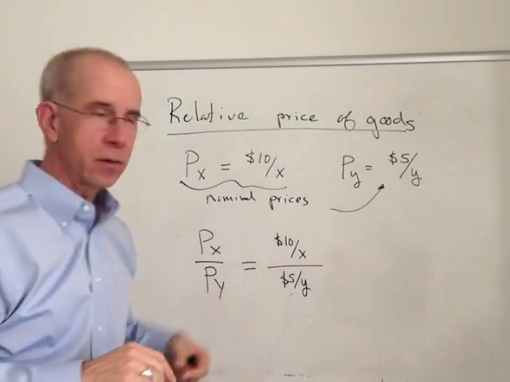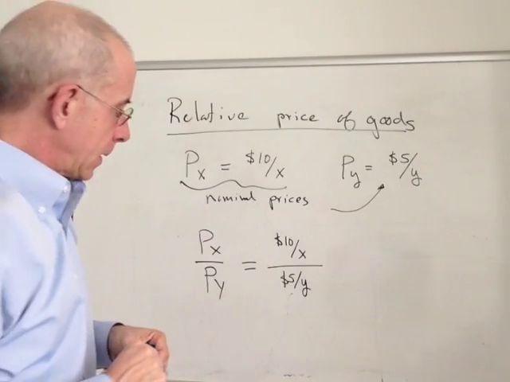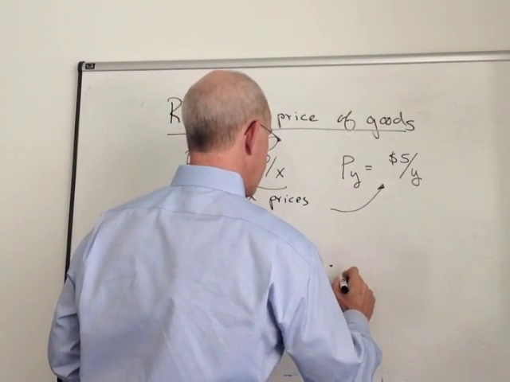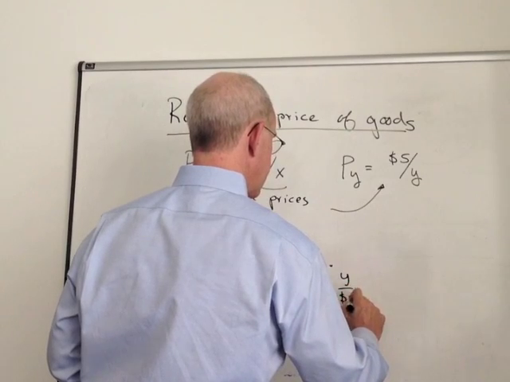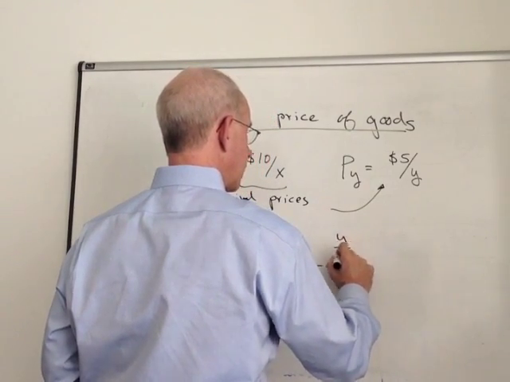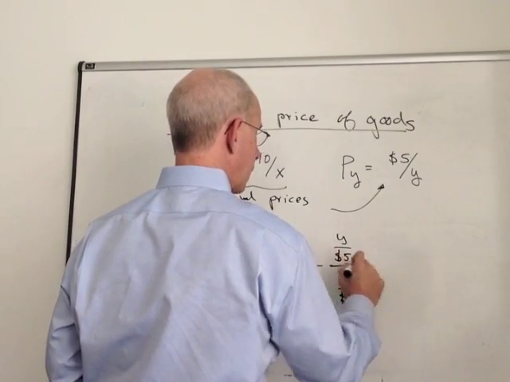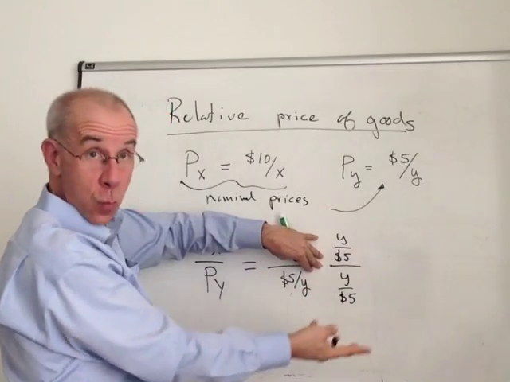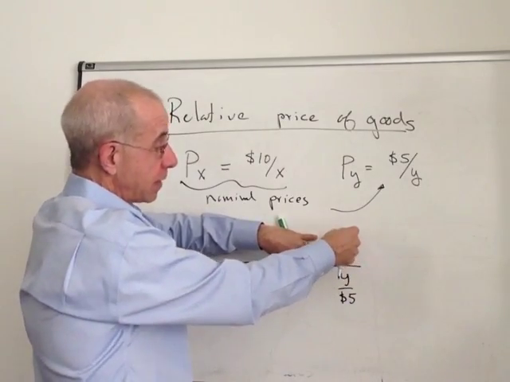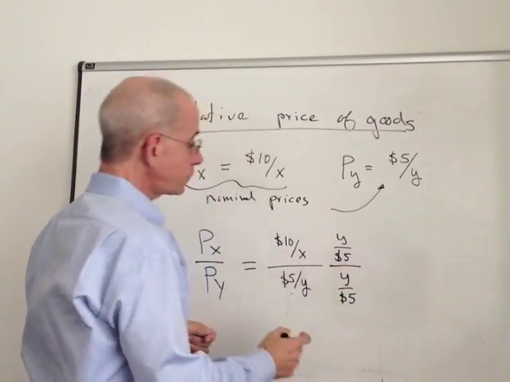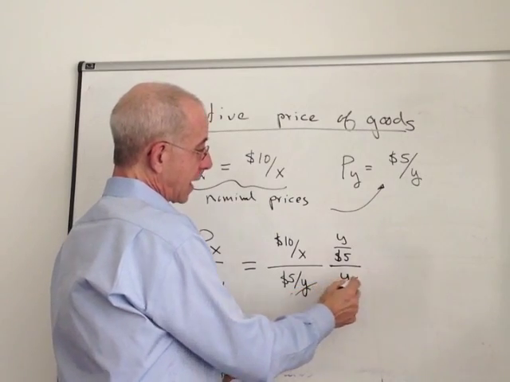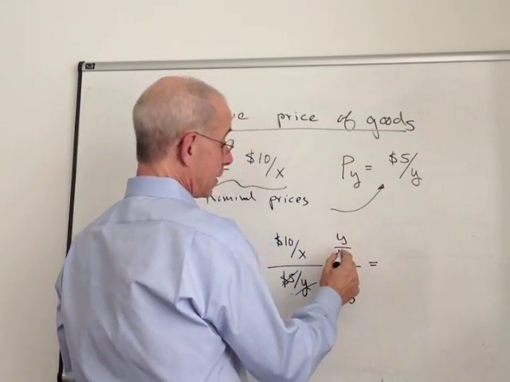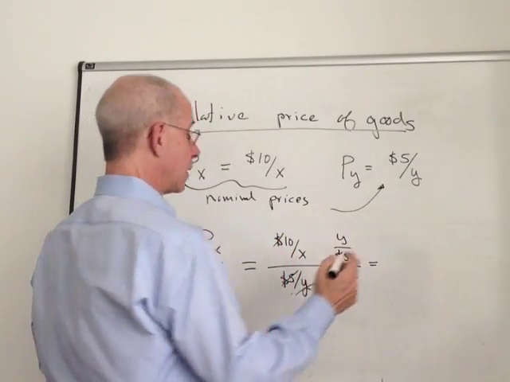So we have this complicated looking expression, but you can simplify that by multiplying both top and bottom by the same thing. Okay, so Y over $5 divided by Y over $5 is 1. You're multiplying both the top and the bottom by the same number. In the denominator, the Y's cancel out, the $5 cancel out, and the dollar signs in the top cancel out.